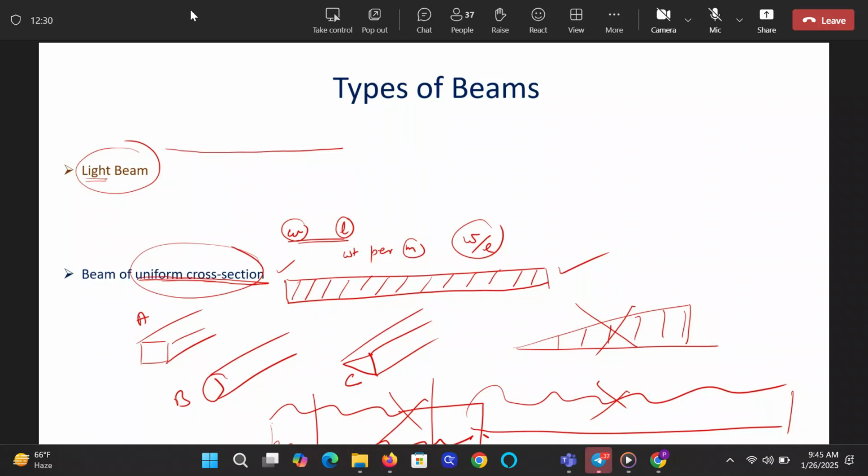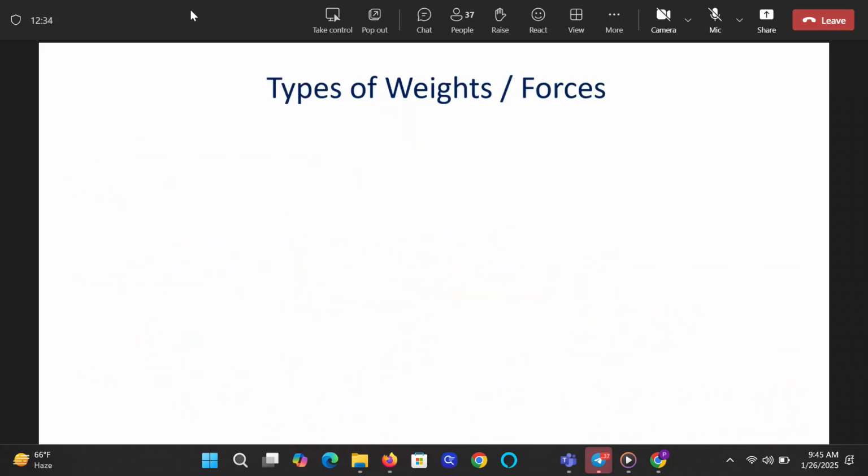Okay. Now we'll put some load on these beams. Why do you have a beam? Because you want to put some weights on it. You want it to support some downward forces. So what are the types of weights or forces which can be loaded or placed on the beam? There could be a point force or point weight.